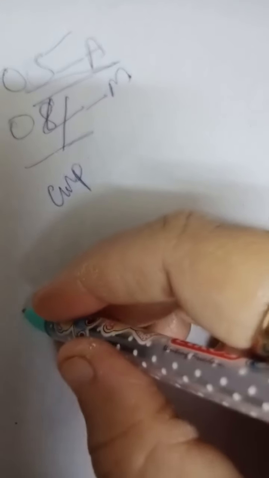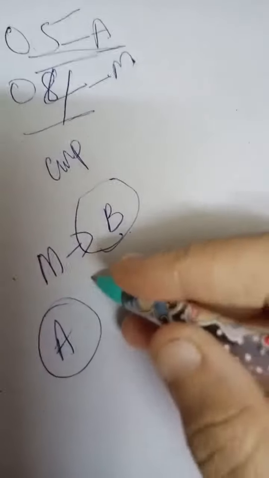The number in A is large compared to the number in the memory location. So you will move the number which is in memory to the B register, and the number which is in A you will move to M. That means you will move it to the memory location.